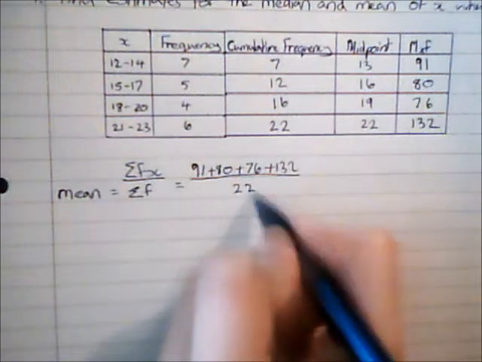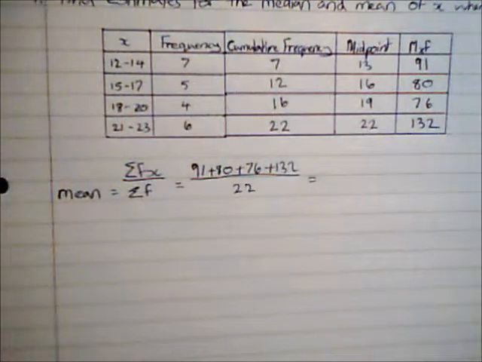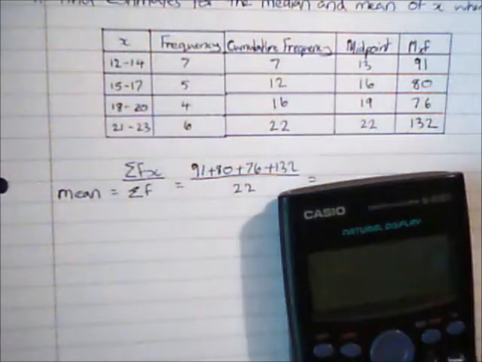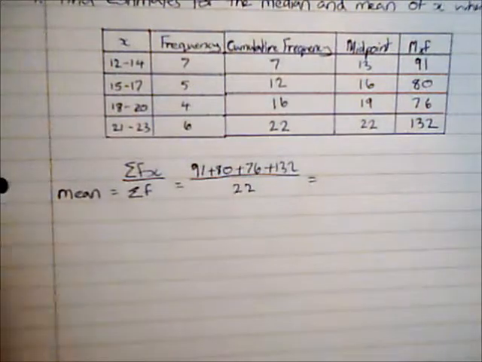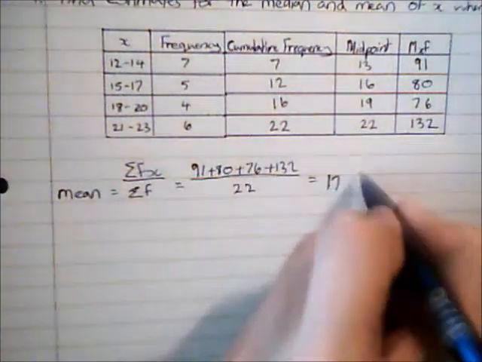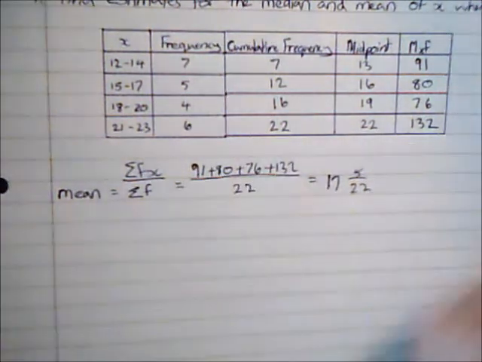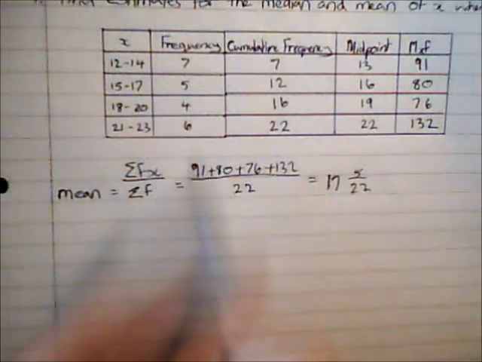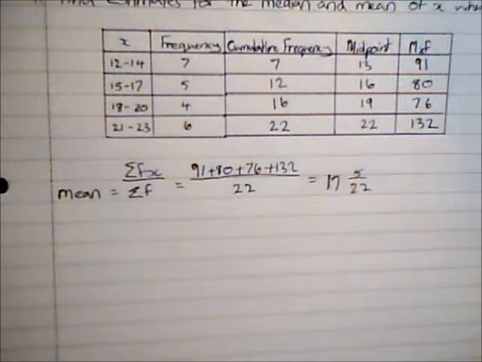So there's 22 bits of data, so I can now calculate that. And that gives me 17 and 5 over 22. As a mean, that looks sensible, always worth having a quick check.